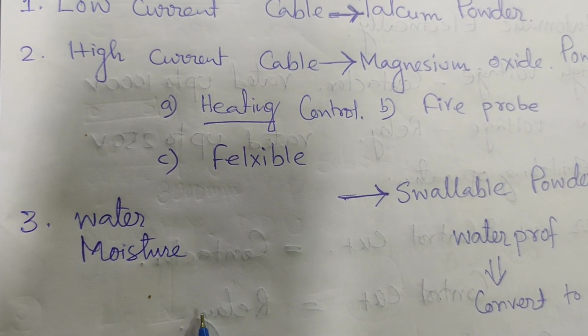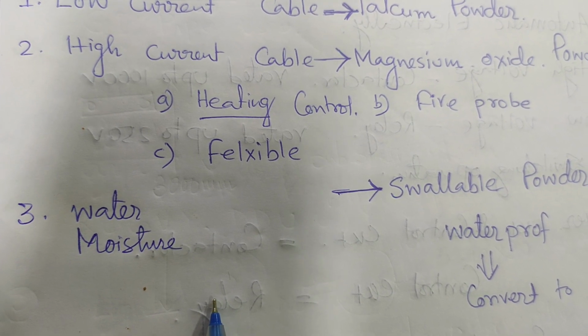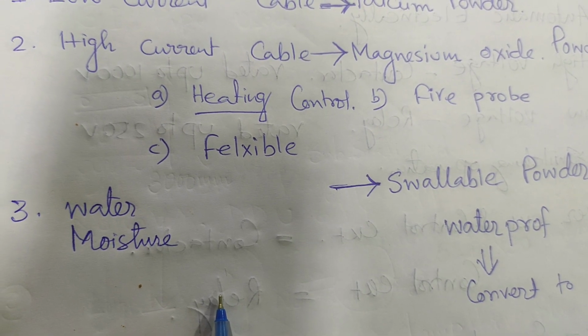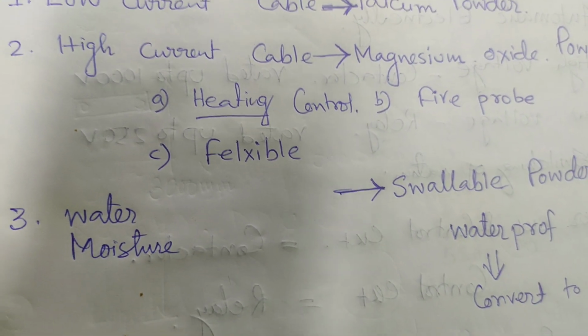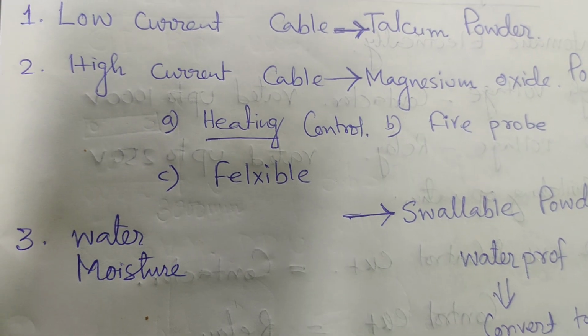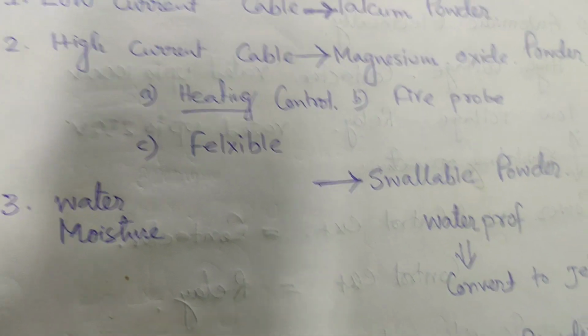Suppose these types of cable are used in the substation's cable trench or different areas where you have to connect the electricity or whatever your requirements are. Underwater laying will be necessary.